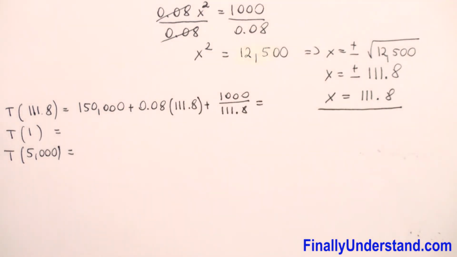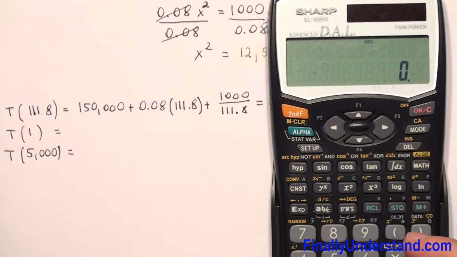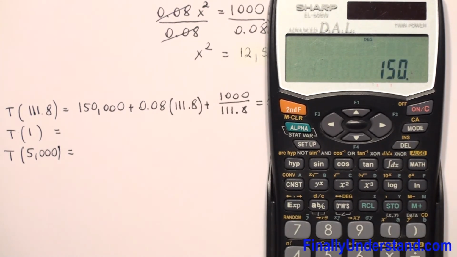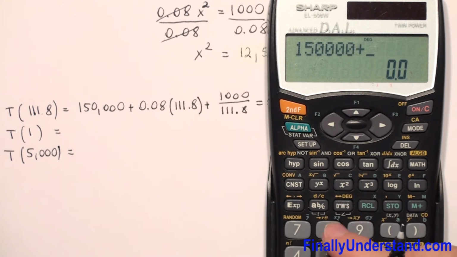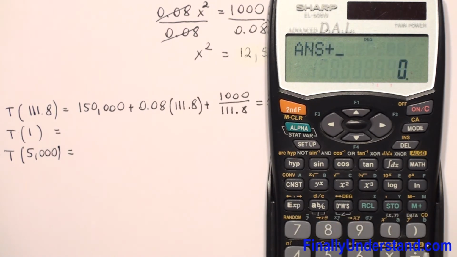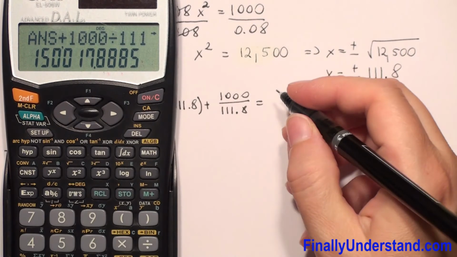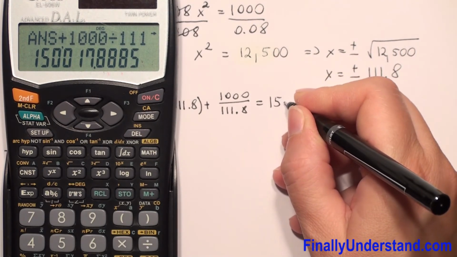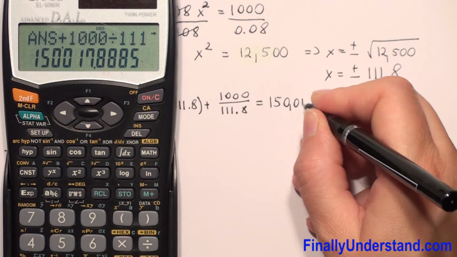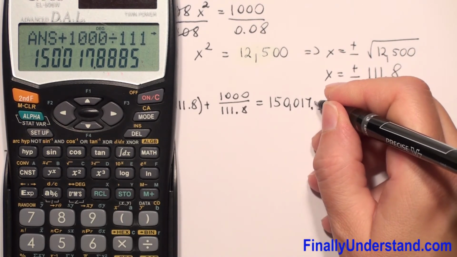This is equal to 150,000 plus 0.08 times 111.8 plus 1000 divided by 111.8. This is equal to 150,017.88.